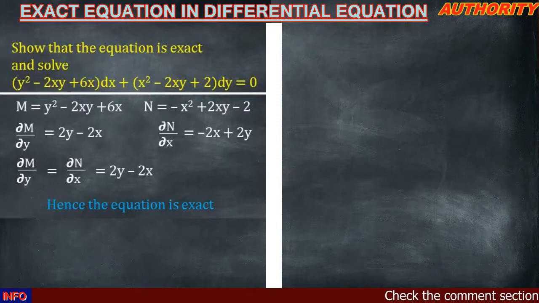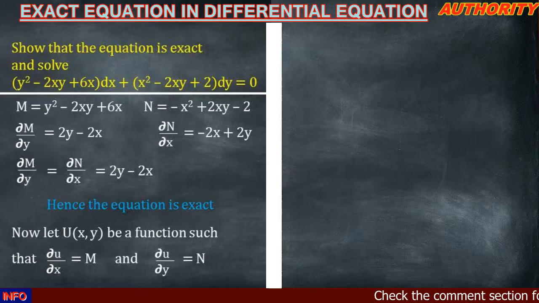So for us to solve this, let's look for a function. Let's call this function u of x comma y. So that means we're looking for a function u of x comma y.